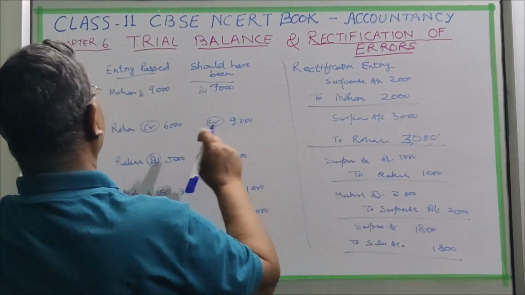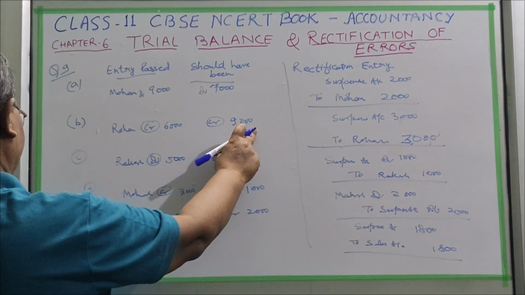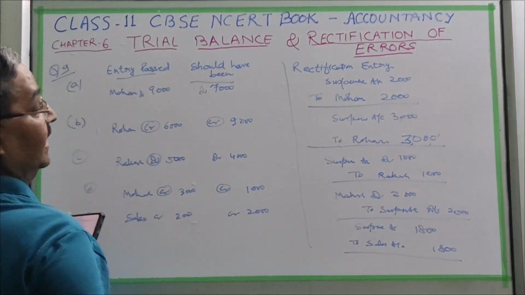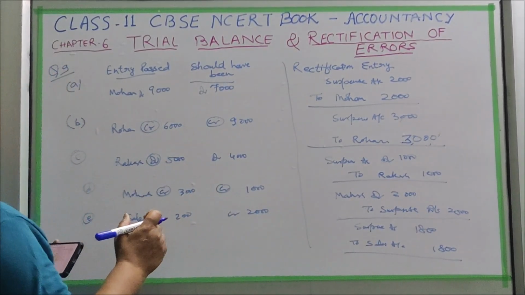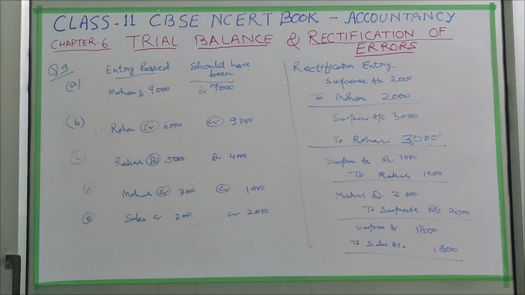This should be here because 9,000 you have to do here. Credit purchase of 9,000 was posted as 6,000. Now this question is over. Now we will go to the next question. Let's go ahead.